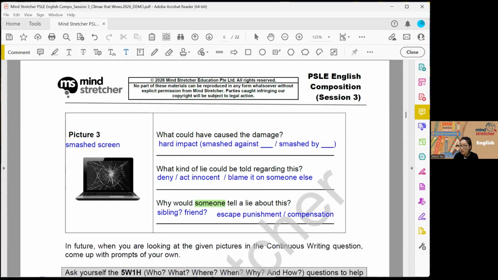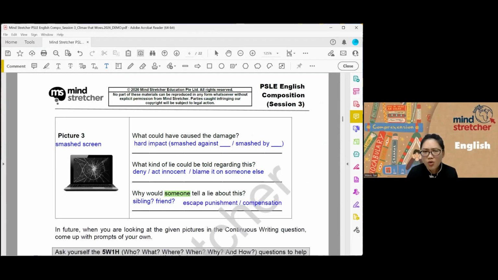So escape punishment or compensation. How would the person find out the truth? If you're in a shop, there are eyewitnesses. If not, and you blame the younger sibling, the younger sibling is now crying and bawling, I didn't do it, I didn't do it, then you feel guilt. So maybe you owned up.